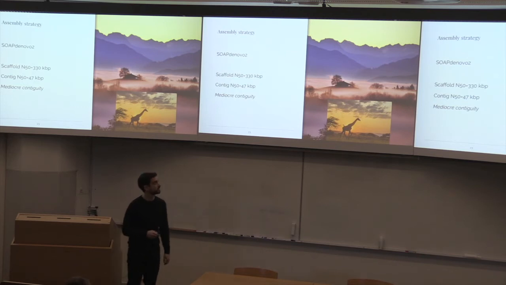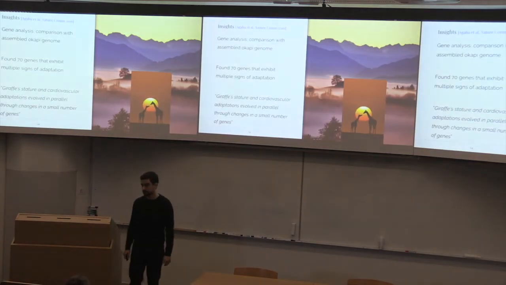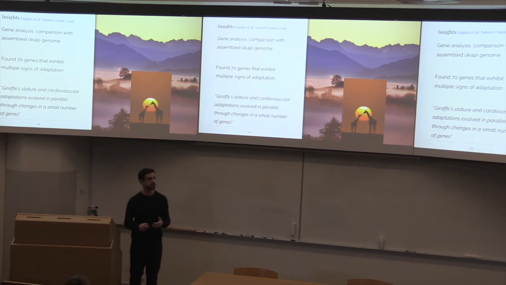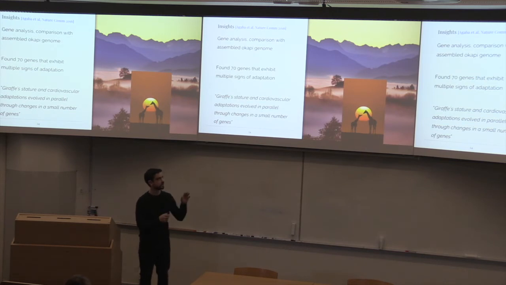What came after is a little bit more interesting. So I delivered this assembly to a biologist, and then they were able to do something with it. They did some analysis on genes only, and did a comparison between the assembled giraffe and the assembled okapi, which was assembled using the same type of sequencing.